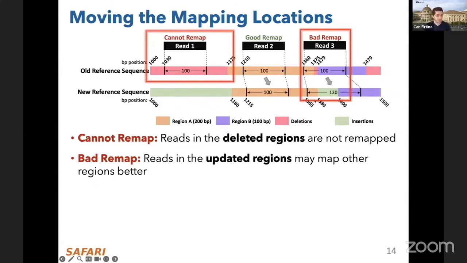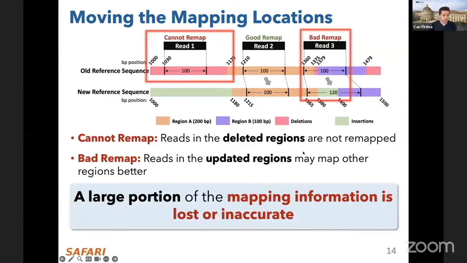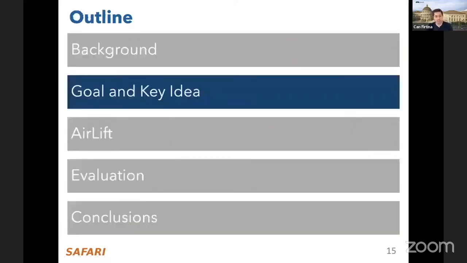So this read could still map to this region again, or some other region with a better alignment score. But we're missing out on that information as well by simply moving the read to this corresponding position in the updated region. So a large portion of the mapping information is then lost or inaccurate by simply moving the reads from constant and updated regions to their corresponding positions in the new reference genome.